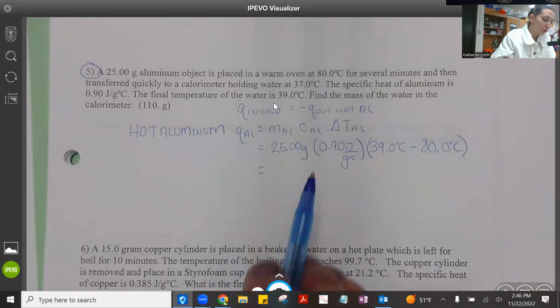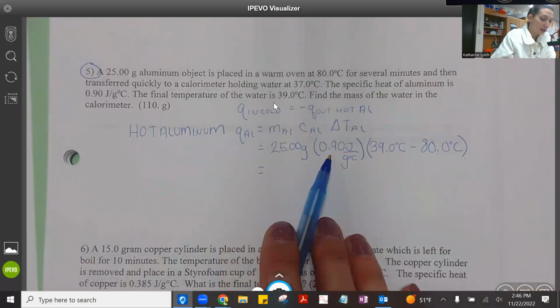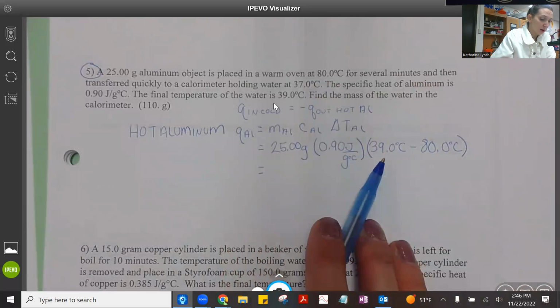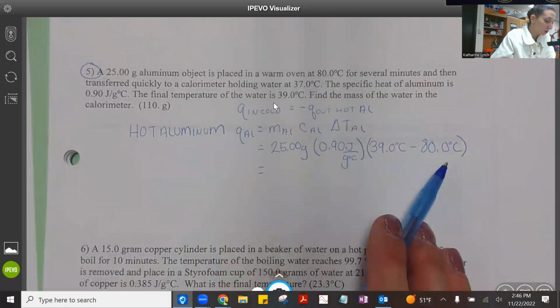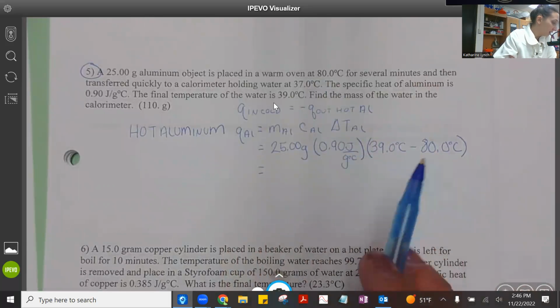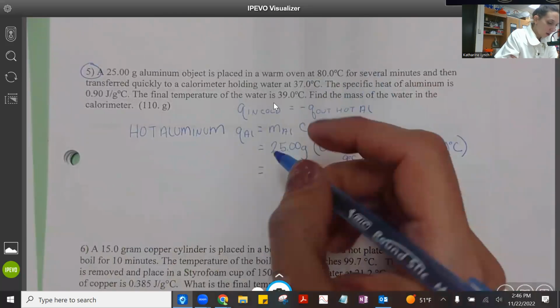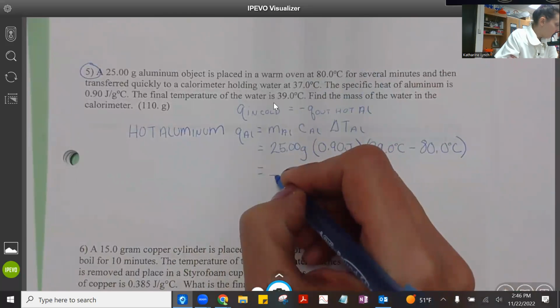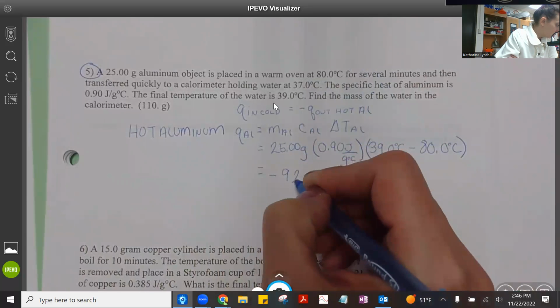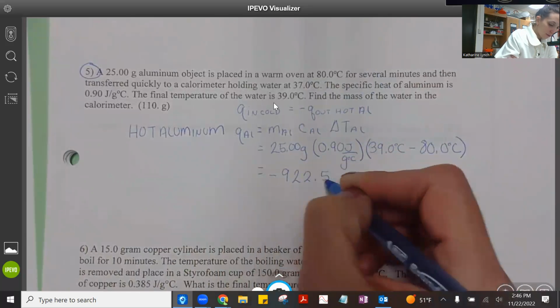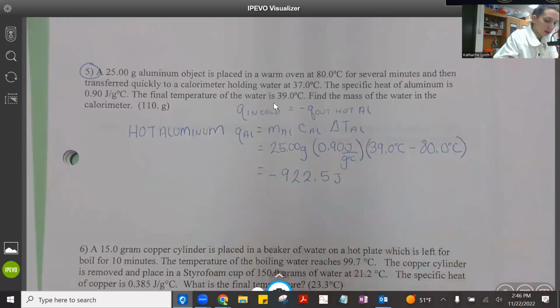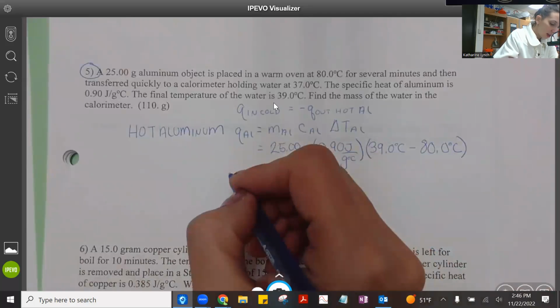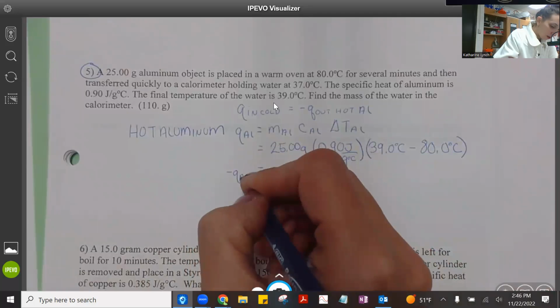So let's see, I do 25 times 0.90 times, in parentheses, 39 minus 80 degrees Celsius. I end up, and I'm not going to run sig figs right now, but I end up with my negative 922.5 joules. And that is going to be my energy of my aluminum.